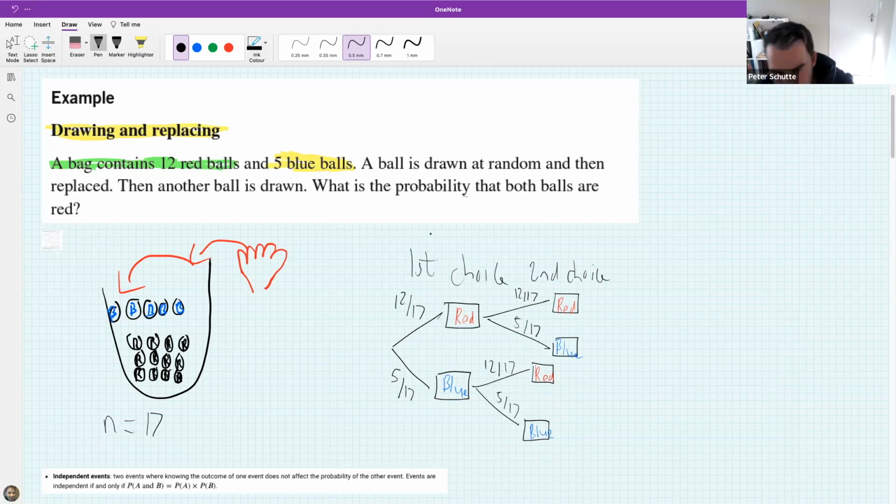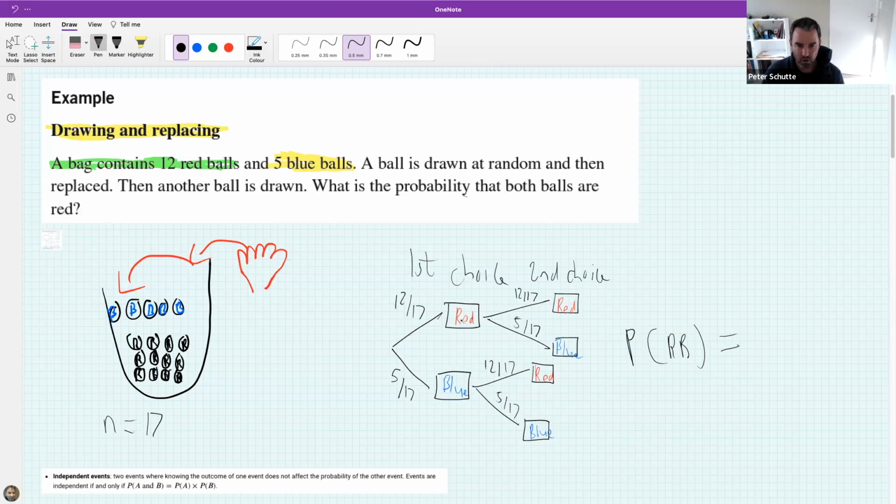Now notice how I write the probabilities on the branches of the tree. The question I asked at the beginning: what is the probability that both balls are red? Using probability notation, we could say the probability of RR. Now, the problem we have here is there are 4 possible outcomes.